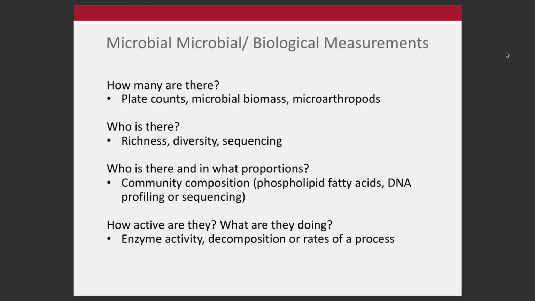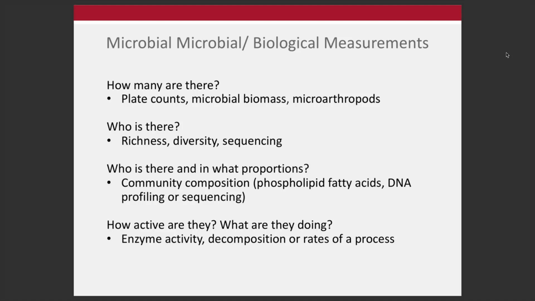We can do nucleic acid sequencing, where we sequence DNA, and then we reference that with a known database of microbial DNA, and then we can figure out who's actually there and perhaps get some idea of relative abundance of those organisms.